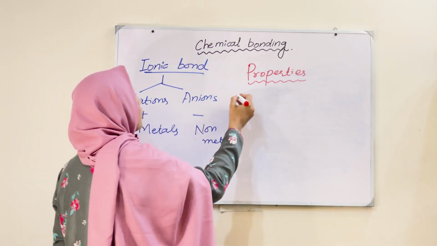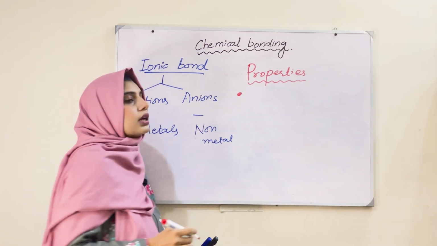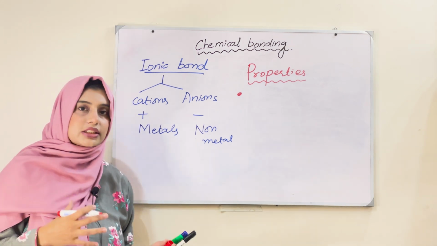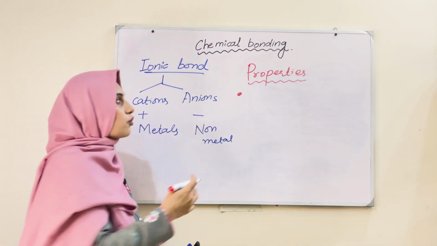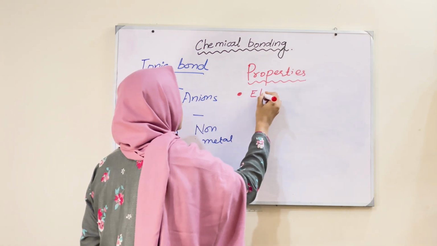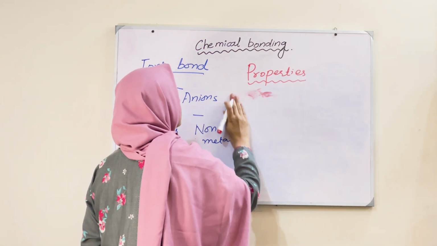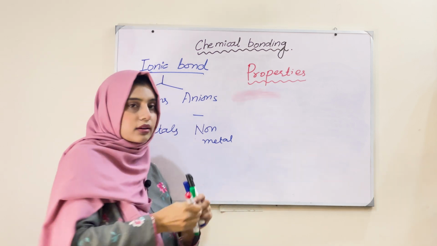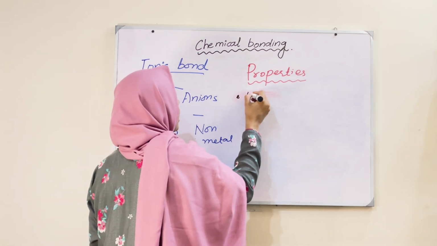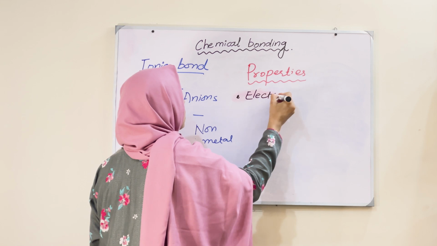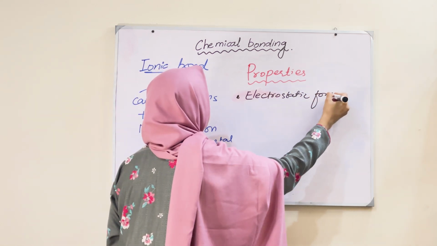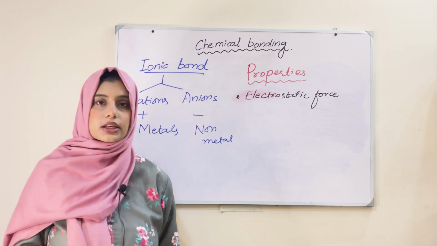So when I talk about ionic compound, this compound is formed by ionic bond, positive and negative. So whenever we have positive and negative, it has electrostatic force. Let's write it with the black, because that will be more visible. Okay, we have electrostatic force in it, right?